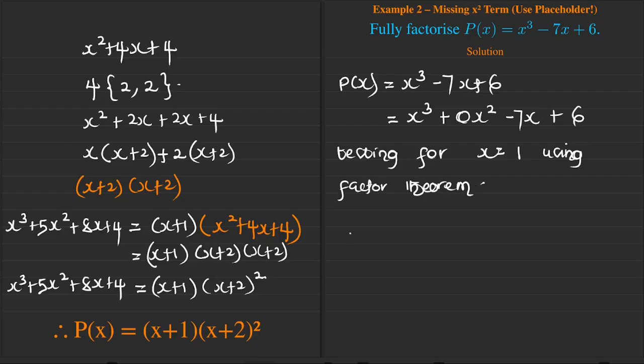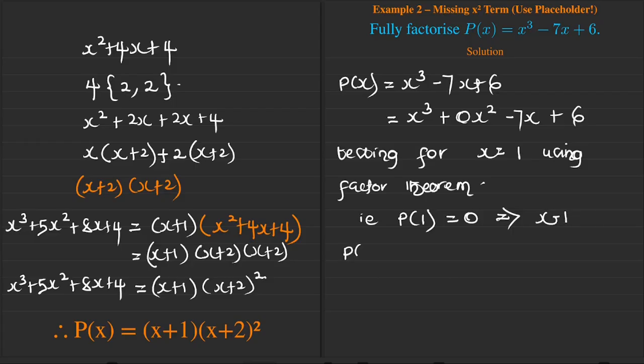And the factor theorem says if p of x is equal to 0, then it simply implies that our x is a factor. So in that case, if p of 1 is equal to 0, then it simply implies that x minus 1 is a factor.